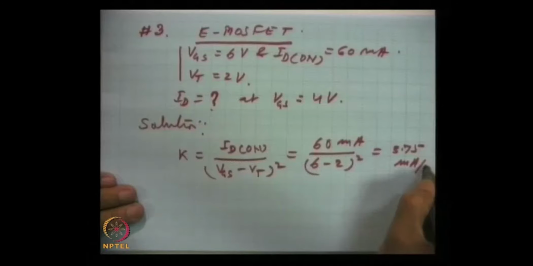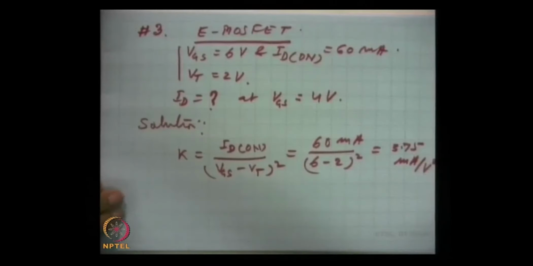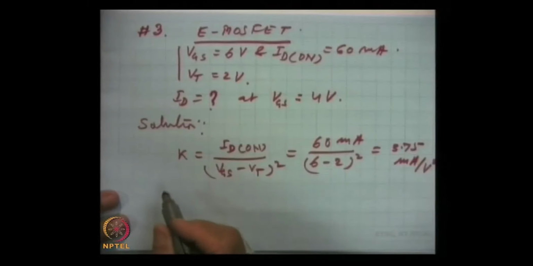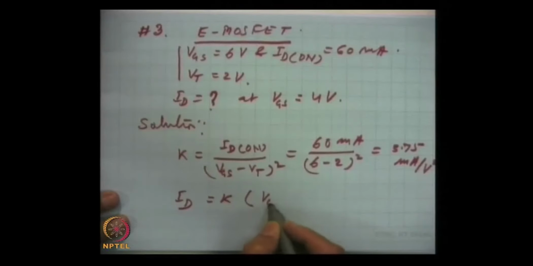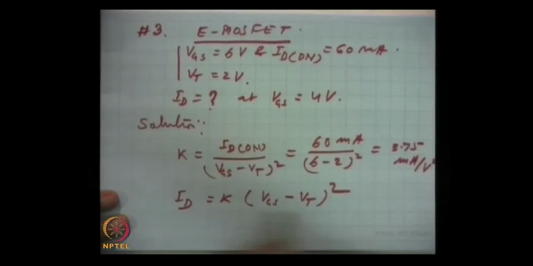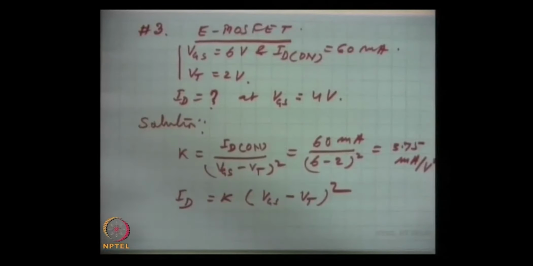milliampere per volt squared. This is the constant K. Then for the MOSFET, the drain current is ID = K (VGS - VT) squared. This was the expression that gives the drain current in the saturation region.